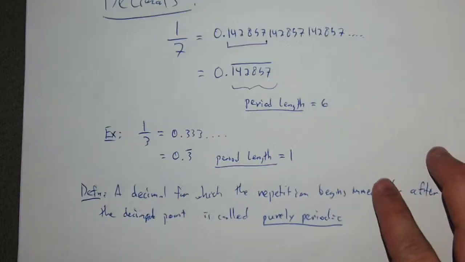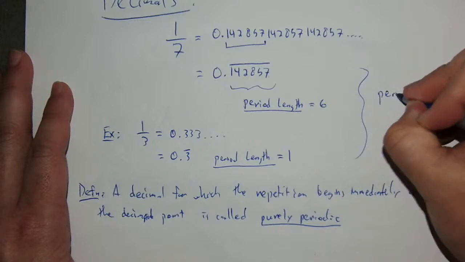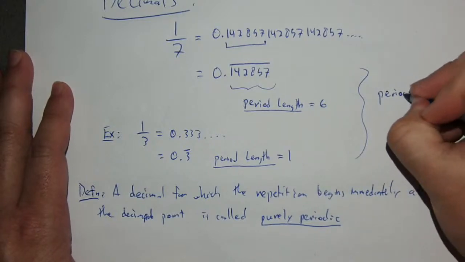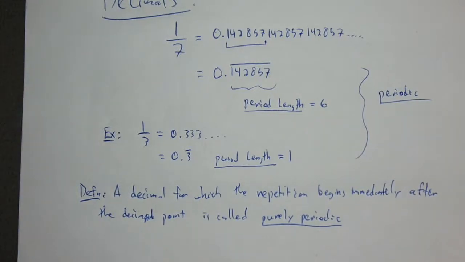While in general, these are called periodic. Okay, so these are called periodic decimal expansions.